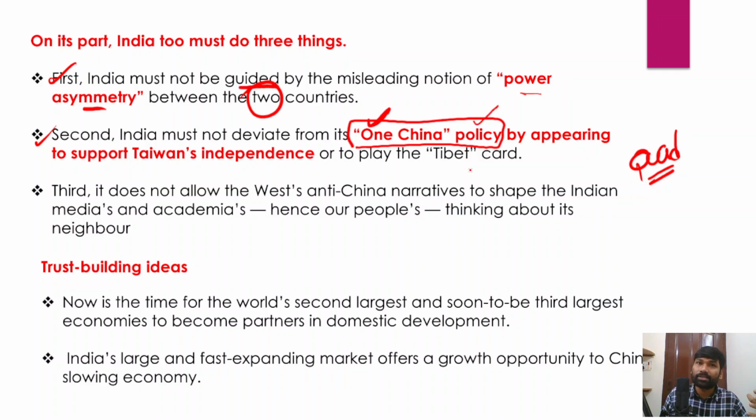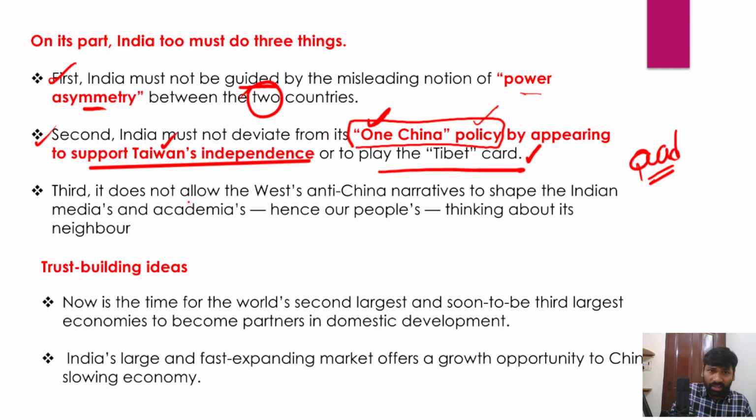That essentially means Taiwan is also an integral part of China, and Taiwan is not a separate country. Here the author has been suggesting that India must not deviate from its one China policy by appearing to support Taiwan's independence, or it should not play the Tibet card. Right? So India should not play the Tibet card. India should not play the Taiwan card as well.